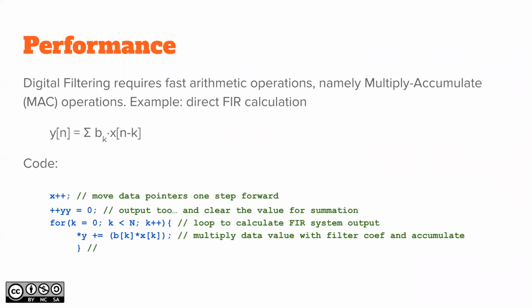Performance actually comes from here. In digital signal processing, if you are doing filters or control systems, you are dealing with multiply accumulate operations. The control systems are just closed loops on the filters, so to speak.